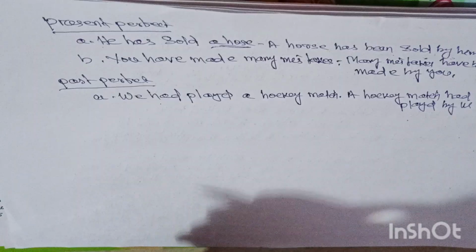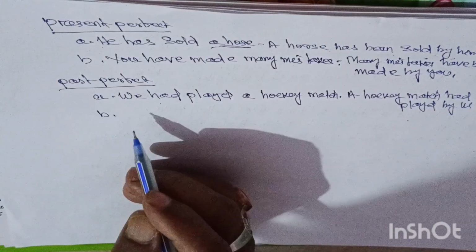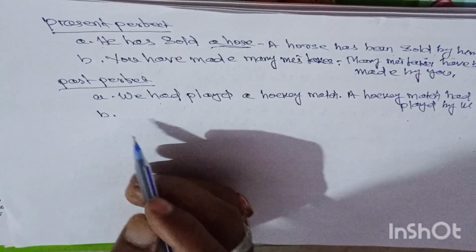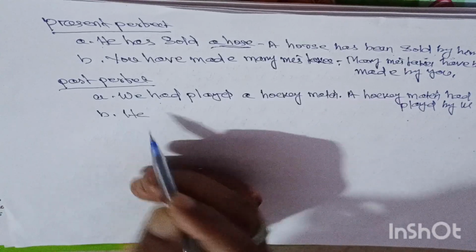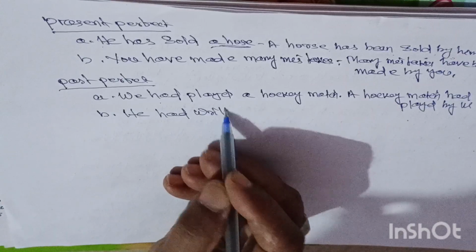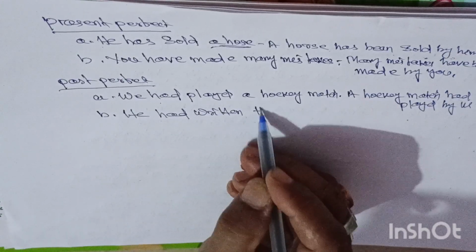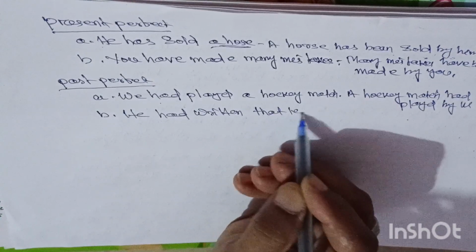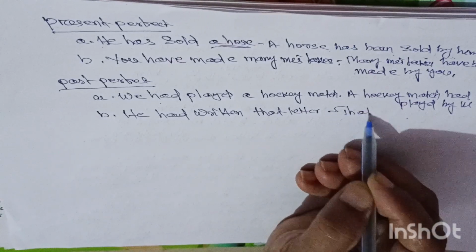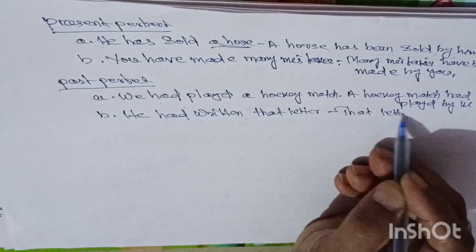Understood? Then go to the second example: "he had written that letter". Here the object is that letter, so first you put "that letter".